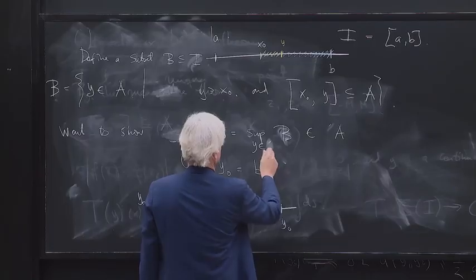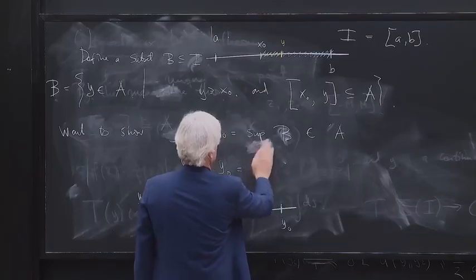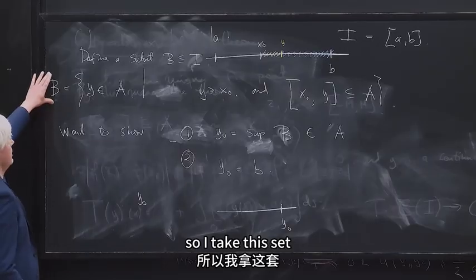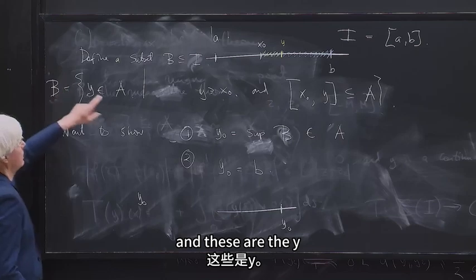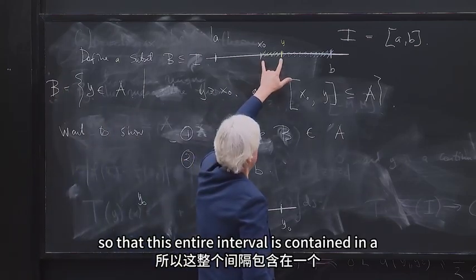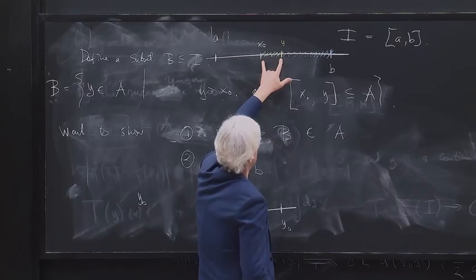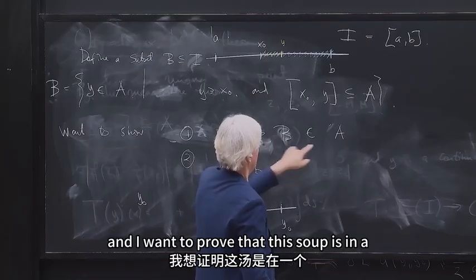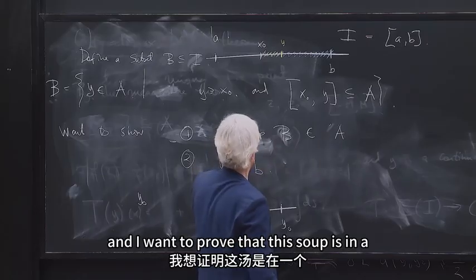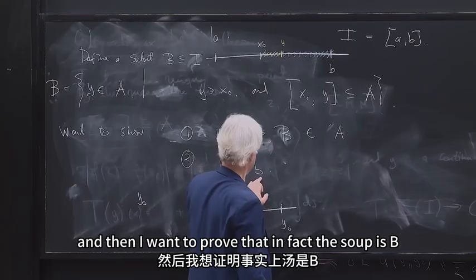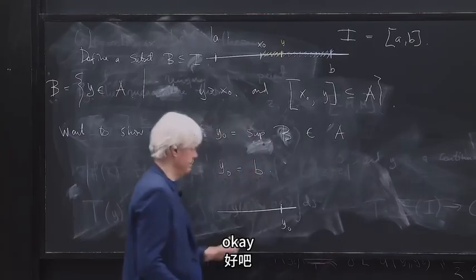Sup of B. I'll write it like this. So I take this set, and these are the y so that this entire interval is contained in A, right? And then I take the sup of this set, and I want to prove that this sup is in A, and then I want to prove that, in fact, the sup is B, okay?